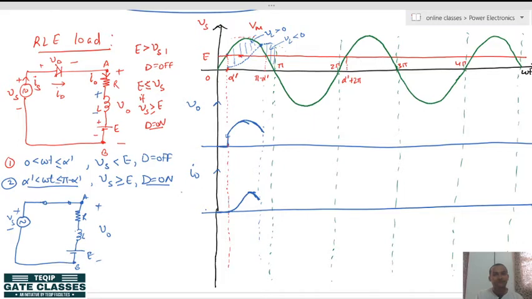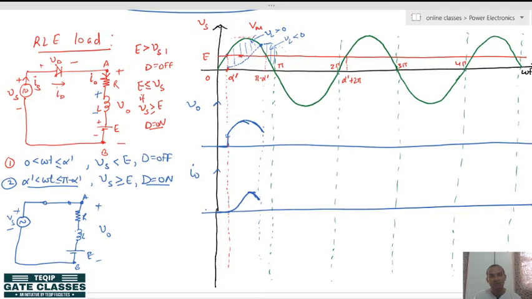Now, what will happen after pi minus alpha dash? Here is the answer. We have learned that till the time the inductor discharges its energy, it will not allow the circuit to turn off. To de-energize fully, it requires either an alternate path or it will force the diode to remain turned on.